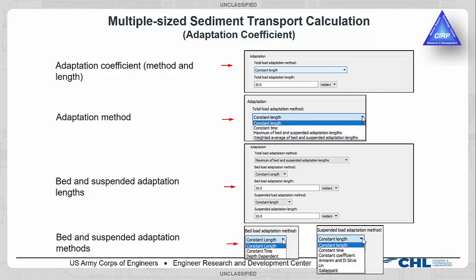The recommended value is about two times your grain size. So if your grain size is 1 meter, your adaptation length might be 2-3 meters. But in reality, you need trial and error to test this number and see which one fits your purpose.